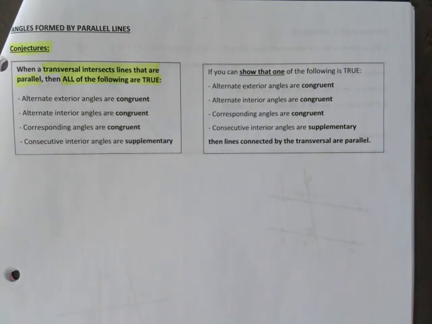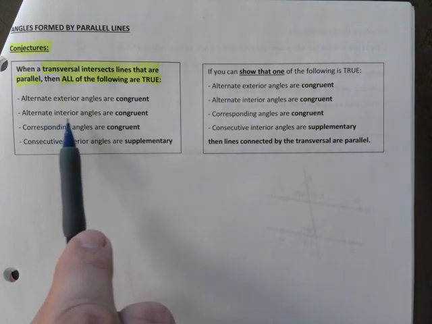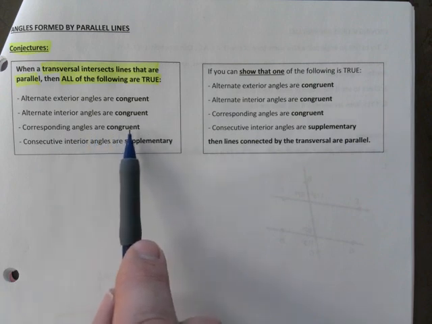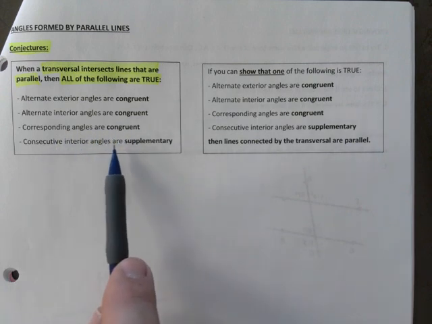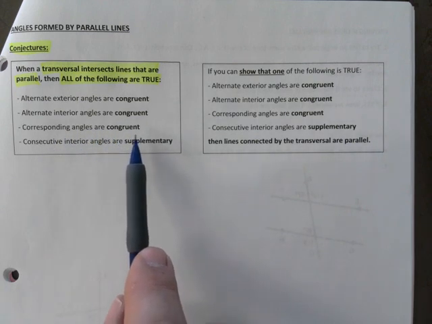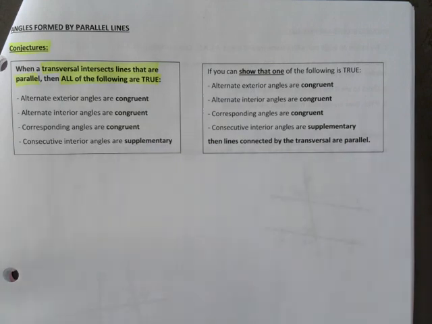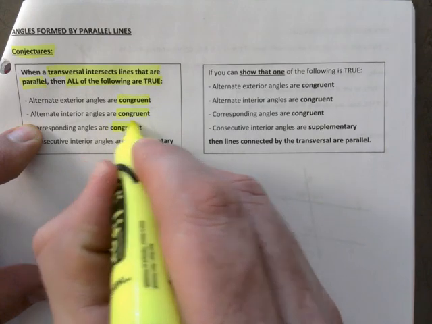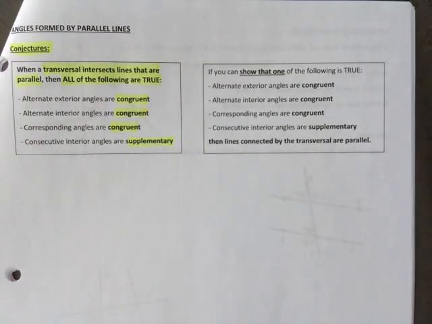Alternate exterior angles are congruent. Alternate interior angles are congruent. Corresponding angles are congruent. Consecutive interior angles are congruent. Oh, wait. Supplementary. So, very important, very important, very important. I will summarize that. Just give me a second, okay?